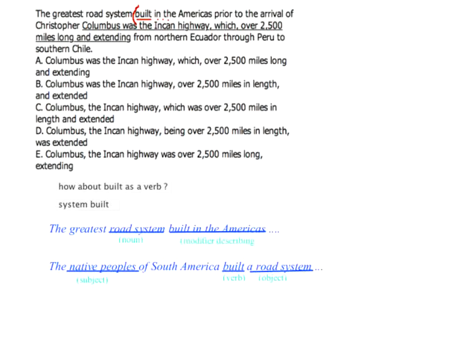Modifier describing that noun. So yeah, you're right that the word built can be a verb. But again, at the end of the day, you have to develop at least some sort of rudimentary understanding of what the sentence is actually trying to tell you before you get crazy with grammar analysis.